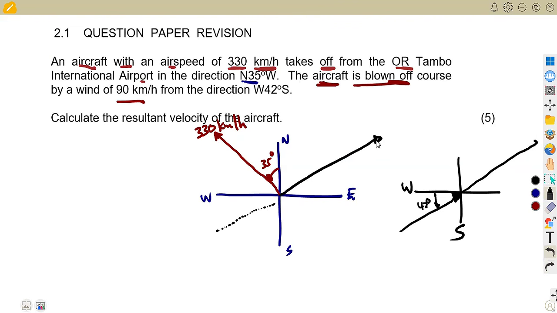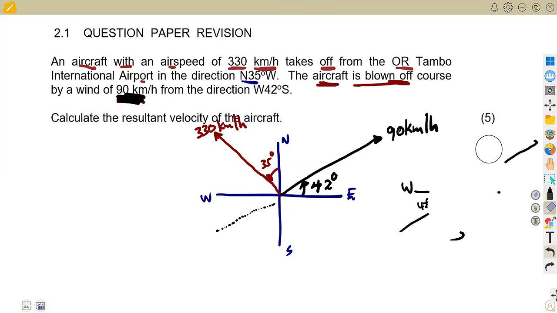This is where we're going to have it. So if this angle is 42, this angle is going to be 42, vertically opposite angles. So the angle here is going to be taken as an angle of 42 degrees. And what is the speed of the wind? It is blown at 90 kilometers per hour. That's the idea there.